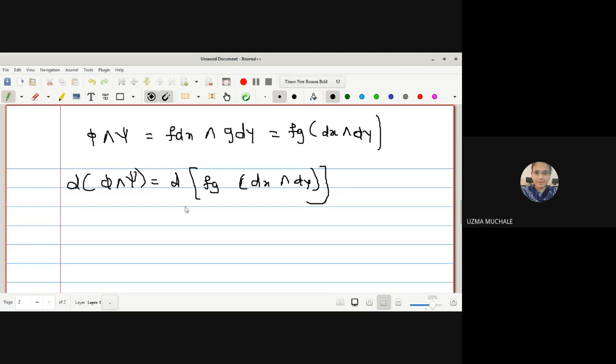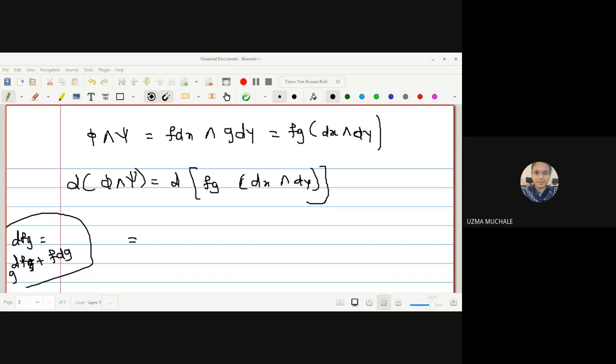So everyone knows now how to evaluate dfg because this is the first property we have proved in the last lecture. If you remember, we have proved the first property as d(fg) is equal to g as it is df plus f as it is dg, right? We have proved this one, so we can use this one here if I want to prove the result.